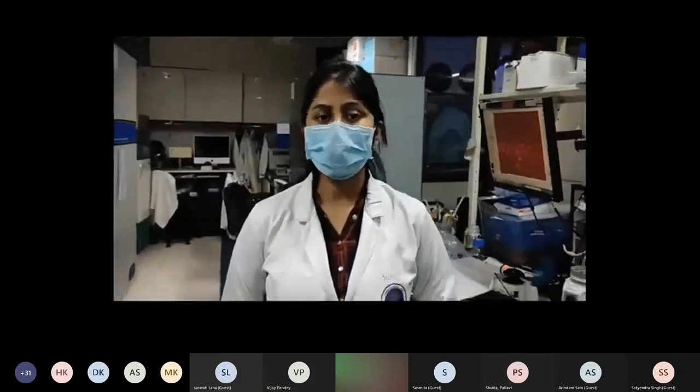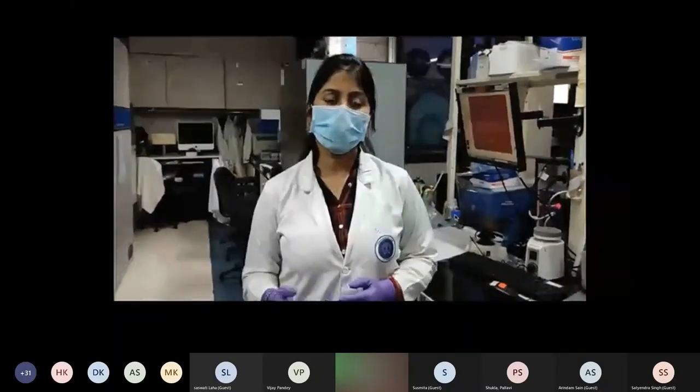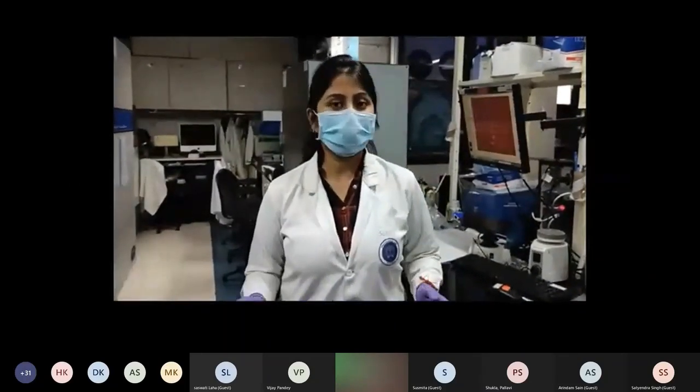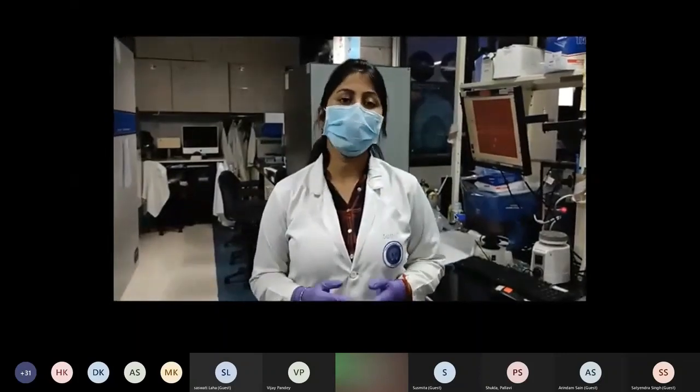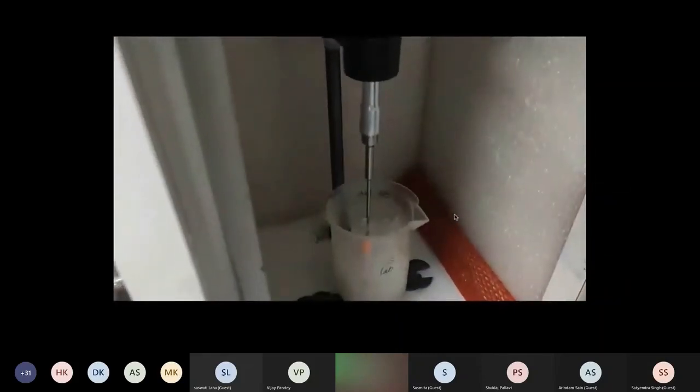After addition of buffer, the next step is homogenization, which ensures that the tissue is completely lysed in the given buffer. For this, we will use sonication, using a probe sonicator. The whole procedure of sonication should be performed on ice.